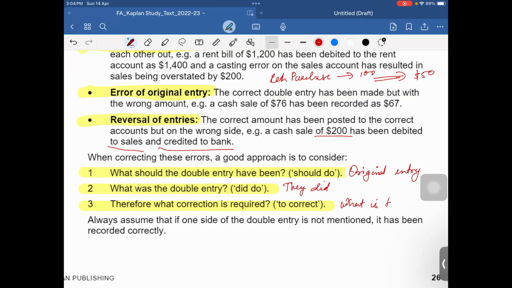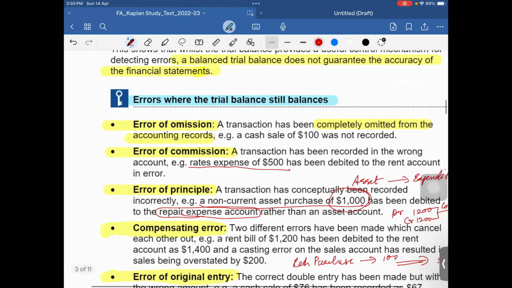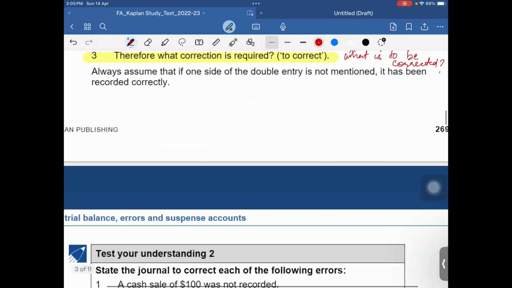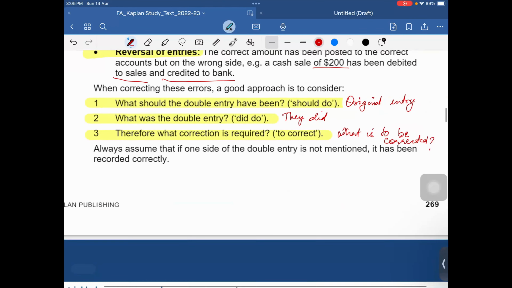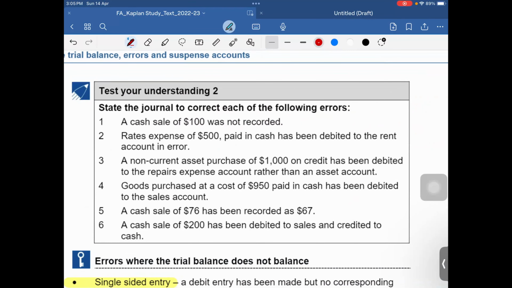So these are the 3 steps that you would follow when correcting an error. In both cases, this one being a balanced trial balance error, the other case also, you're going to follow the same steps. Let's just test your understanding too.